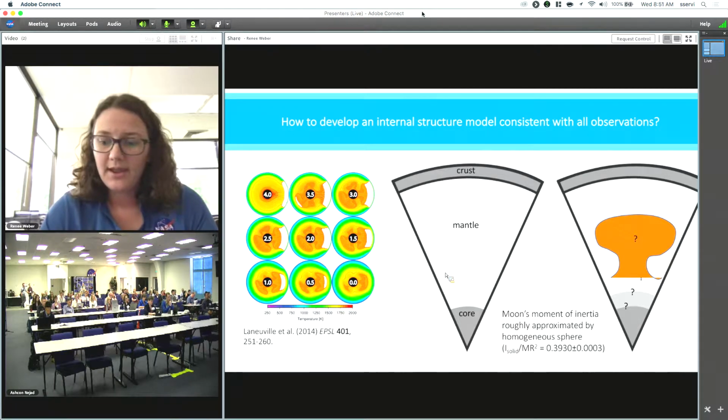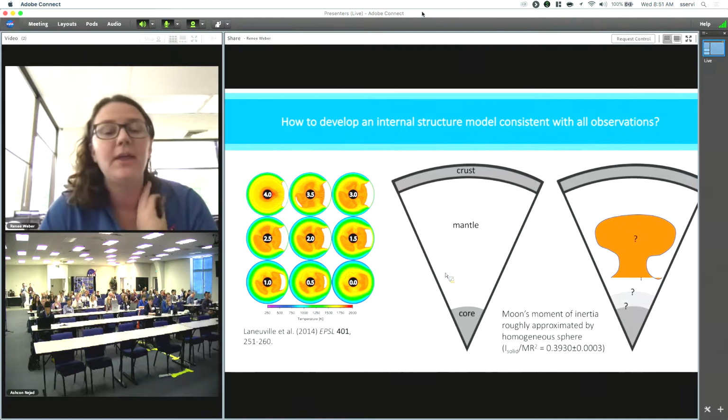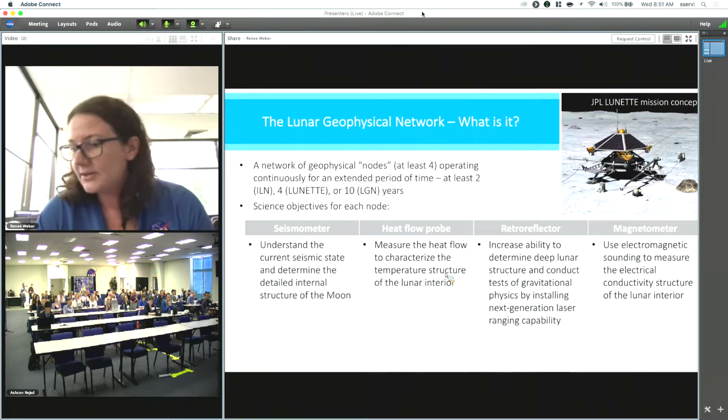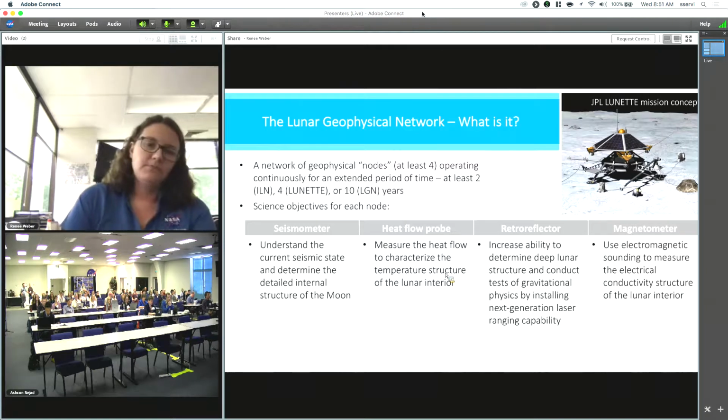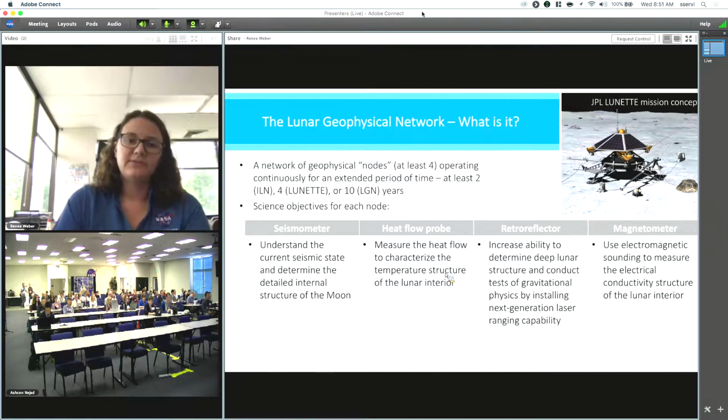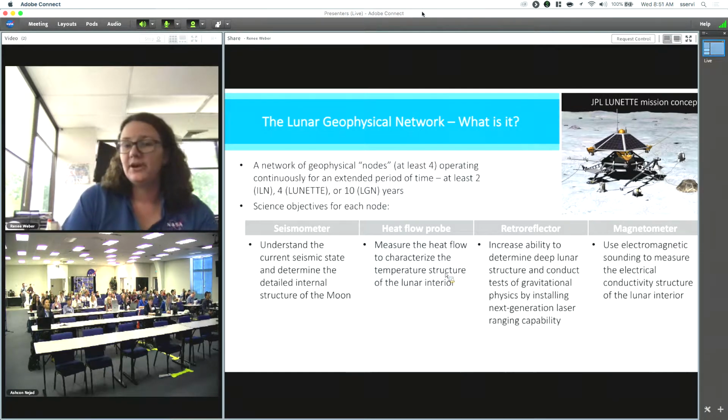And one way to do that, of course, would be to go back to the moon and get more data. And so I'm ending my presentation with a plug for the Lunar Geophysical Network, which, if you don't already know, is a network of geophysical nodes, a minimum of at least 4, that operates continuously on the surface for an extended period of time.